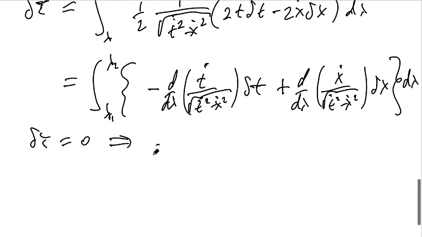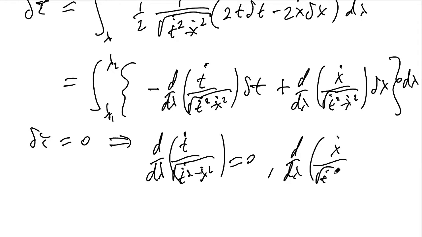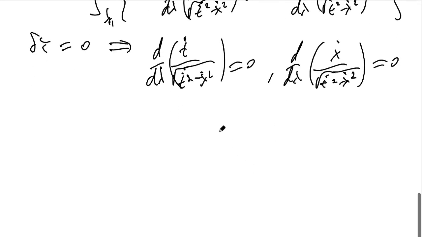So this tells us that d by d lambda of t dot over the square root of t dot squared minus x dot squared is 0, and likewise d by d lambda of x dot divided by the square root of t dot squared minus x dot squared is 0. So these equations are now pretty easy to solve.